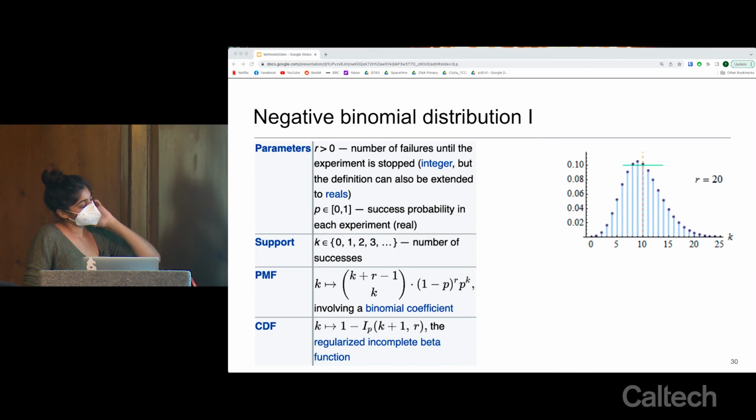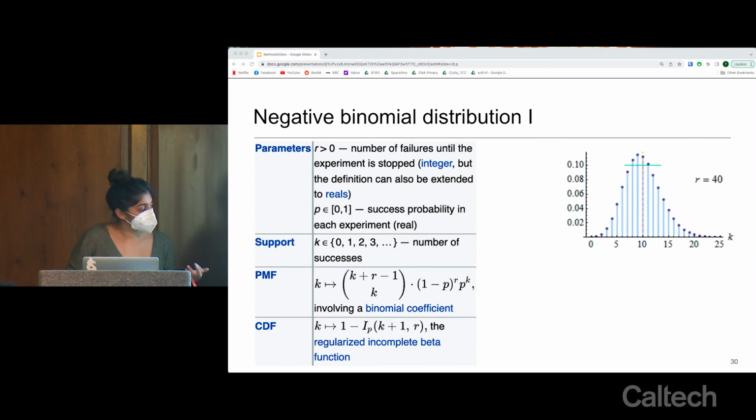But it's not quite the most natural way to think about this distribution and also to think about how we got to using it.